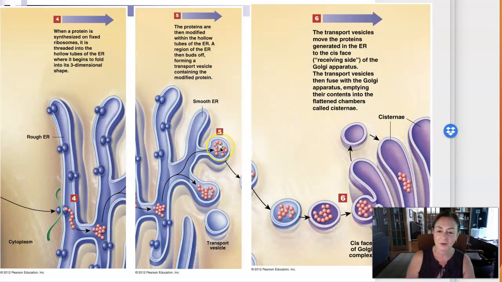Once the ER finishes its work with how it can modify the protein, it's packaged in a membranous vesicle, and the Golgi apparatus is kind of like a membranous stack of pancakes. These stacks, the fluid-filled pancakes, are also called a cisternae, or cisterna, singular. So the protein enters into the Golgi, and the Golgi can further modify the protein.